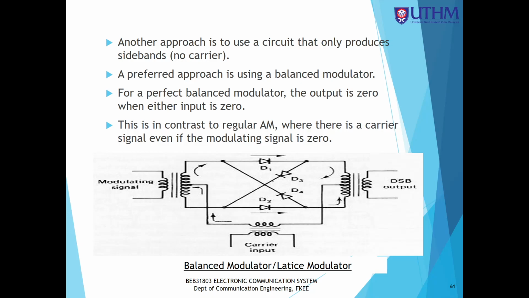So how does this balanced modulator work? First of all, we need to see that here we have the modulating signal. Here we have two transformers, transformer number 1 and transformer number 2.